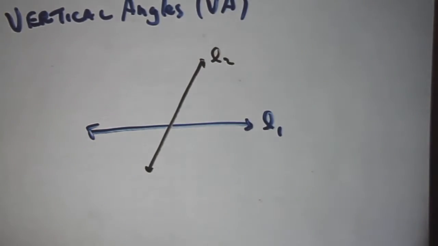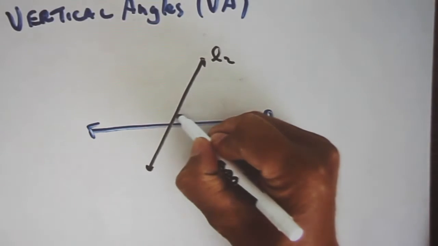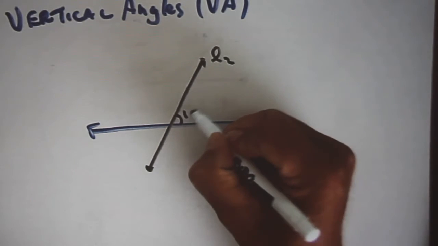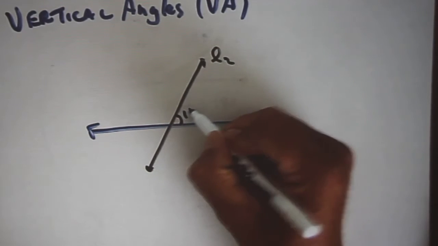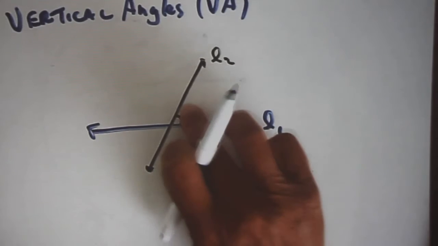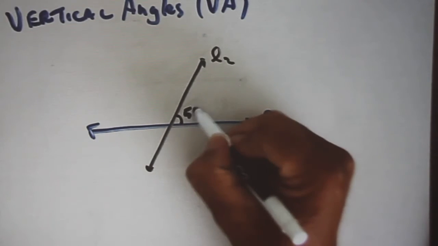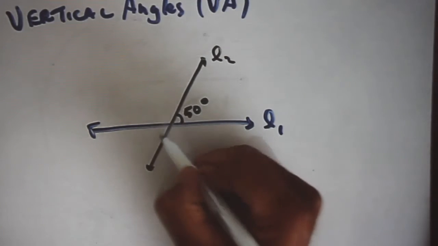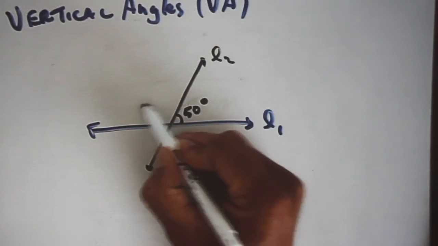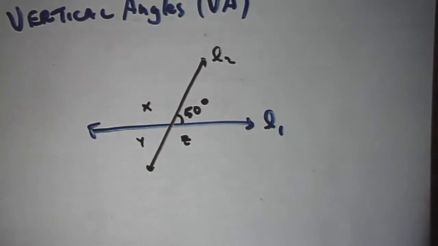So there's our two intersecting lines, and then they may give us this angle here to be, let's call the size of this angle 50 degrees. Then we're asked to find this angle X, this angle Y, and this angle Z, respectively. So the three other angles.